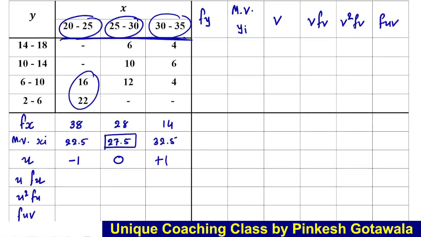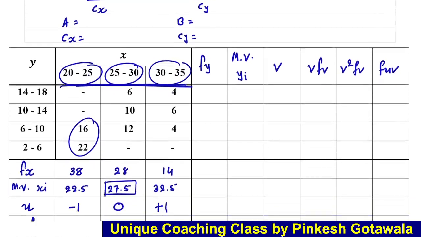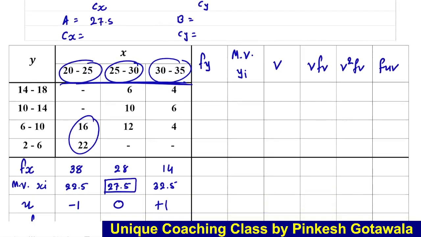Okay, and one more point I told in a previous video: whenever you solve this sum you must write u is equal to x minus a divided by cx, and our a and cx. Same here, v is equal to y minus b divided by cy, and b and cy. In every sum you must write this. Here a is 27.5 and cx means the difference between classes, which is 5.